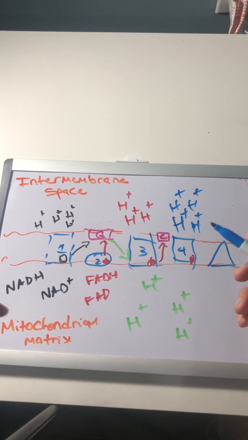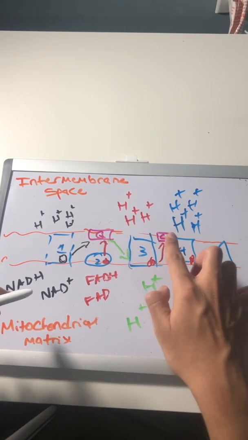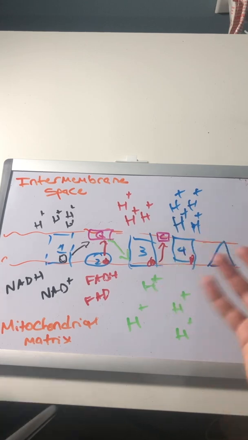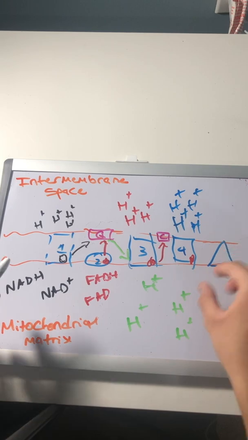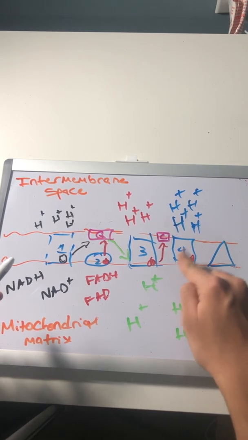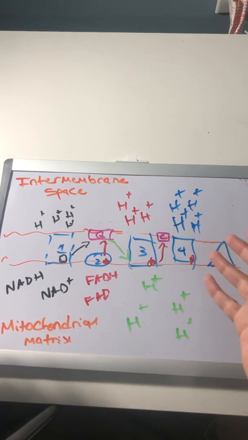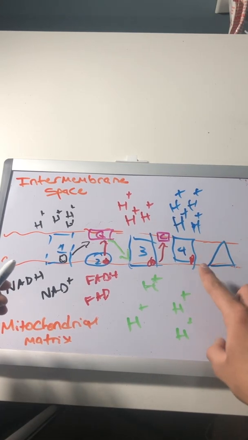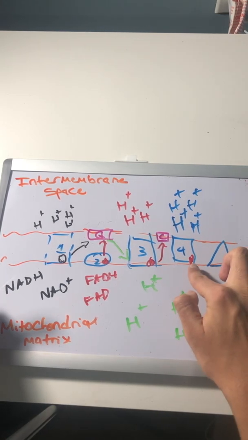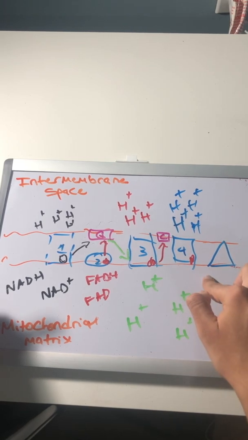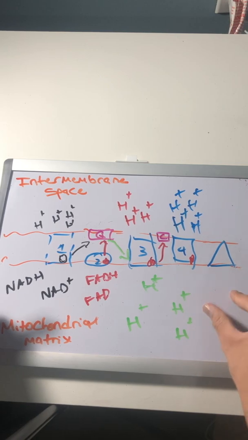Now, these electrons that were passed from cytochrome C to complex 4, where exactly do they go? The final electron acceptor from complex 4 is oxygen. Those electrons are passed to oxygen, and oxygen is split into two separate ions.